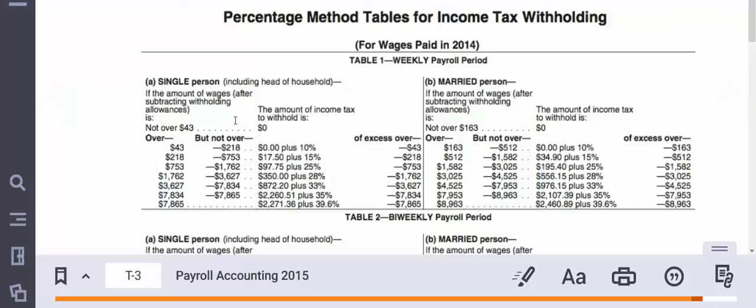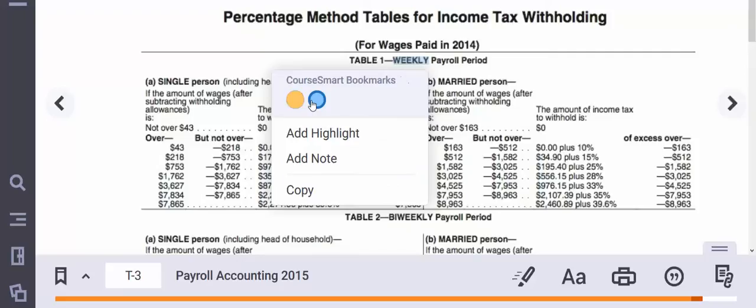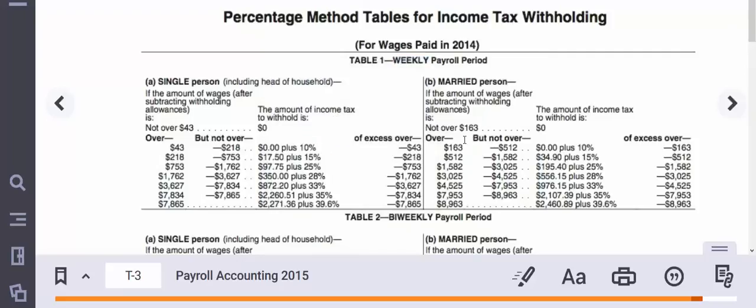The B side, the right side, is for married, and the left side is single. Since this is a married person and he is paid weekly, we're going to look for his amount. But here is the trick: we actually have to calculate how much of his income is taxable before we can use the chart.